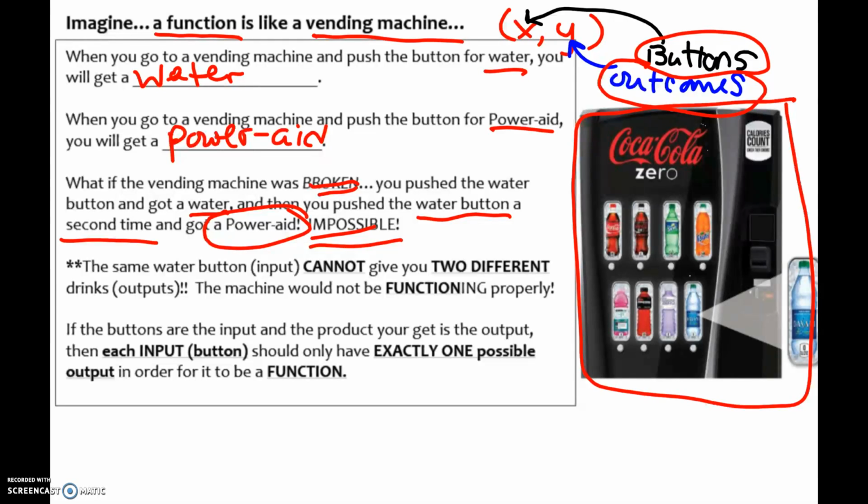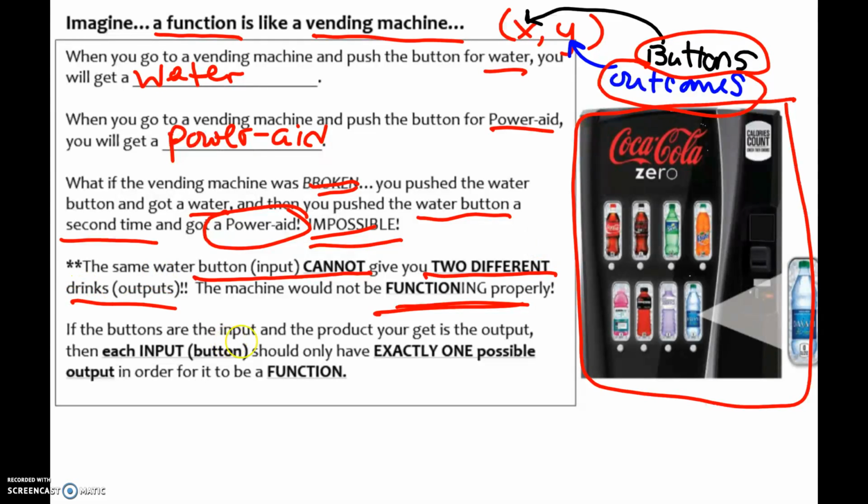Something's not working correctly, or this machine is not functioning properly. Because you can't push the same button or use the same input and get two different outputs.